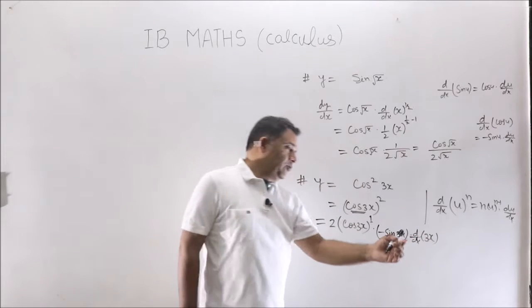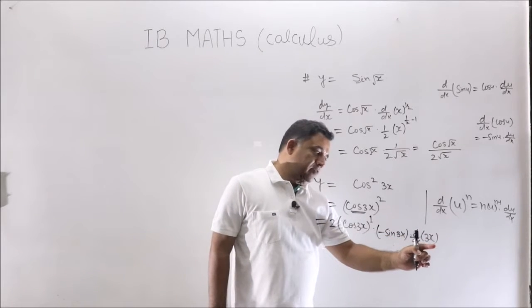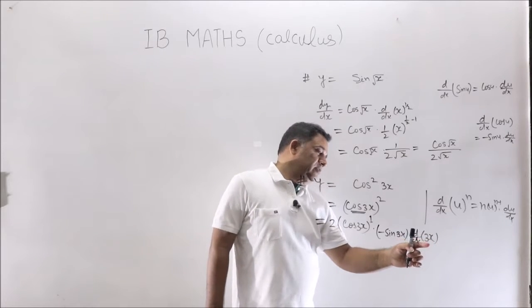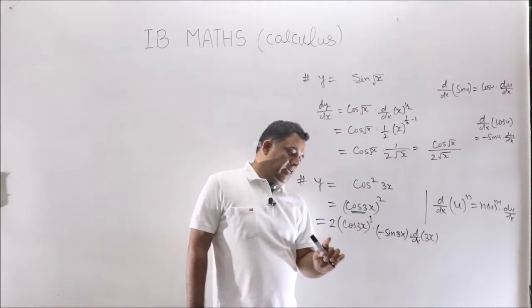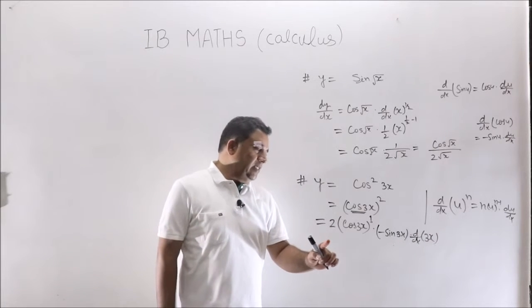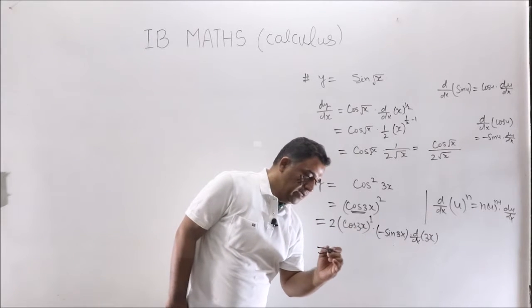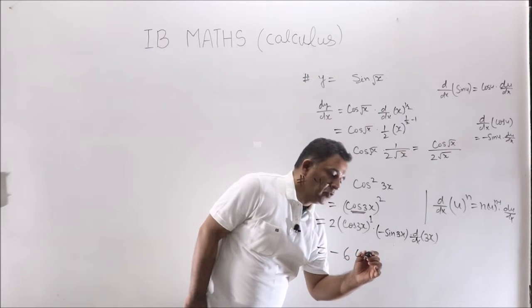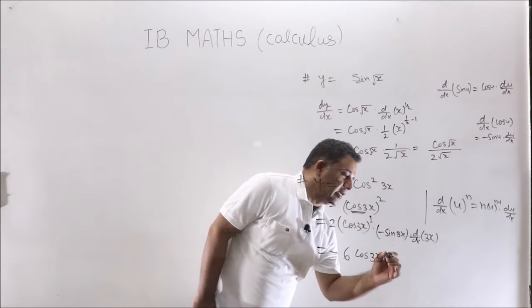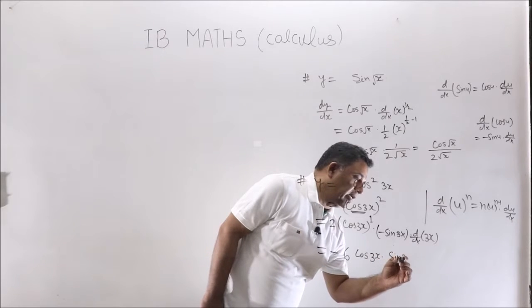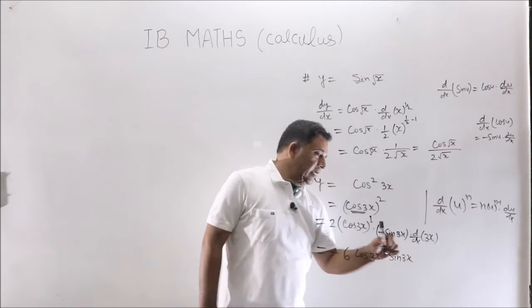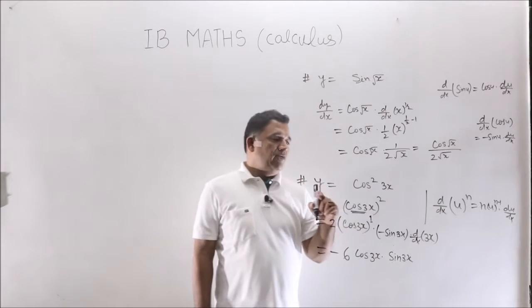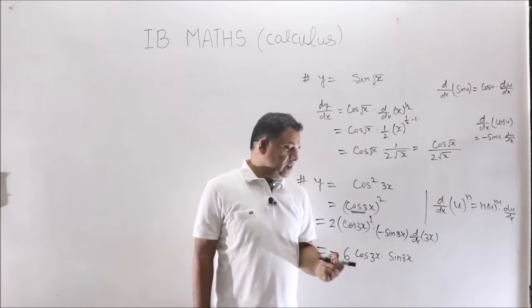The derivative of 3x will be 3, because the derivative of x is 1, and 1 times 3 is 3. So this 3 comes to this side: 3 times 2 will be 6, and the minus sign comes outside. So it is minus 6 cos 3x times sine 3x. And that's it. This is the derivative of cos squared 3x.